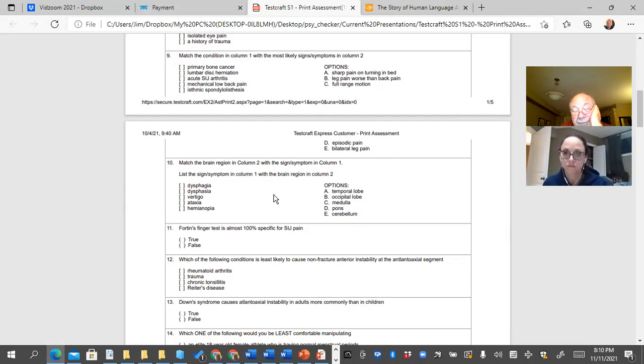Vertigo is going to be the vestibular system, so it's going to be pons. Ataxia will be the cerebellum, and hemianopia will be the occipital lobe. Okay, so vertigo was the pons. I got those two mixed up, pons and the cerebrum.